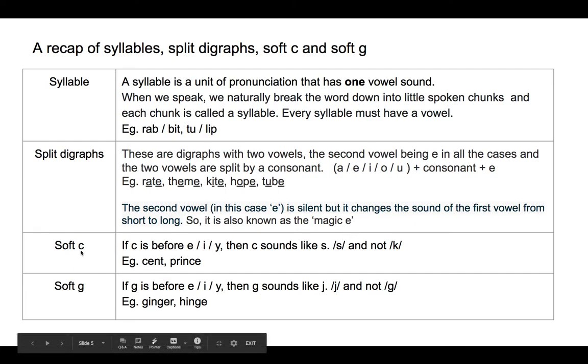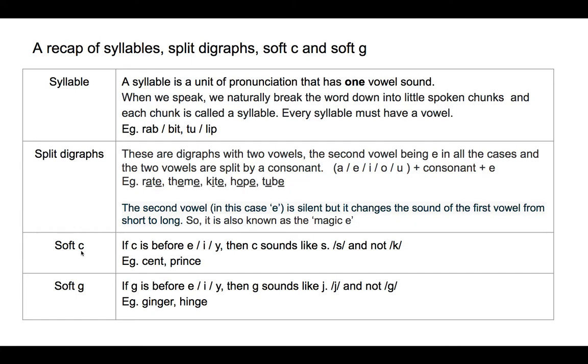What is soft C? We know that the usual sound for the letter C is K. But if C is before E, I or Y, then C sounds like S and not K. For example, scent, prince.